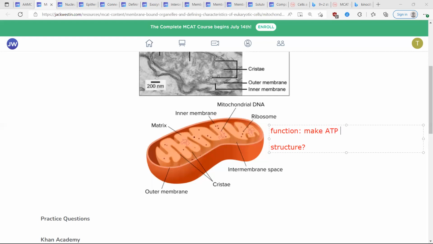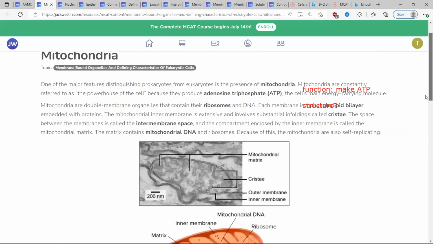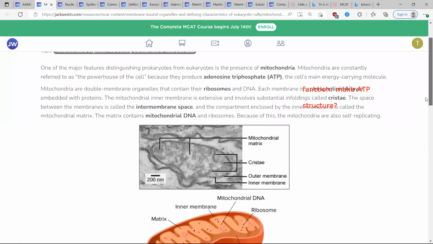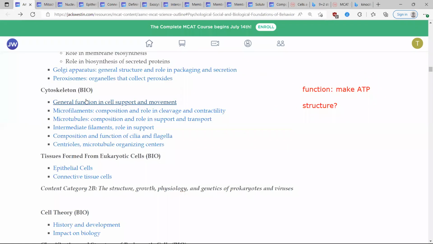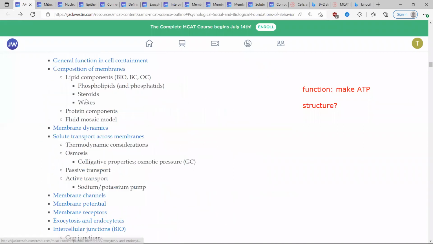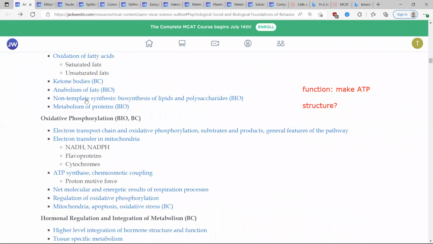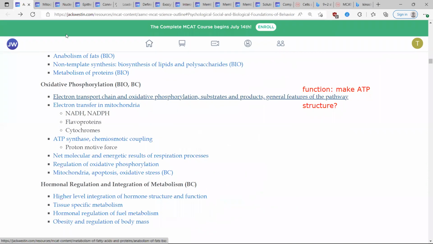We make ATP, right? From the electron transport chain.